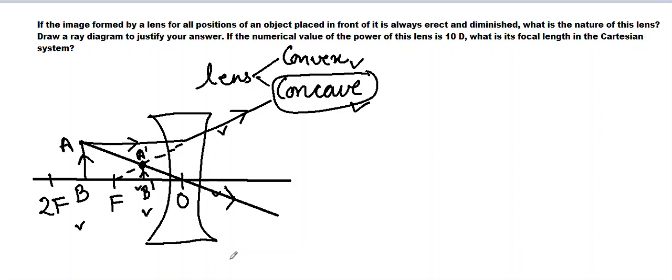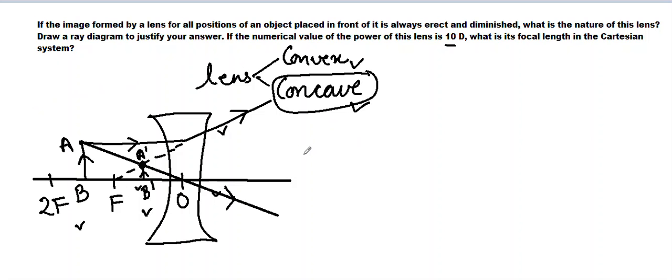Now let's move to the next part of the question, which says that if the numerical value of the power of the lens is 10 diopter, what is its focal length in Cartesian system? Alright, so when we talk about Cartesian system, we have to make sure that we are considering sign conventions properly.